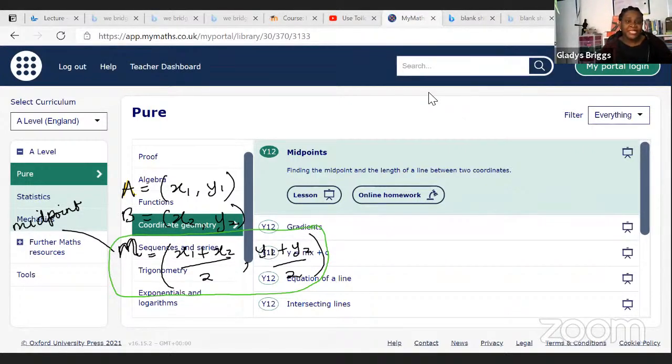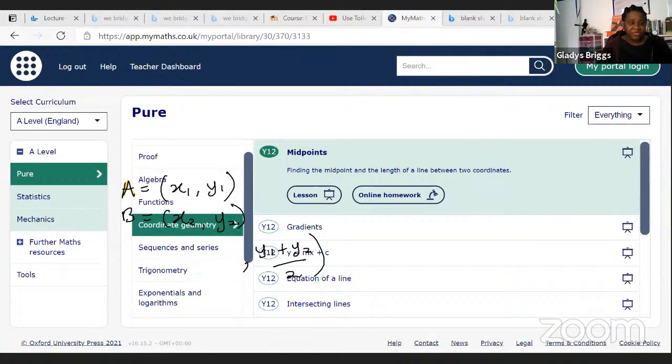Let me know when you finish writing. Okay. So you have finished writing. You've written down the formula, so let's have a look.